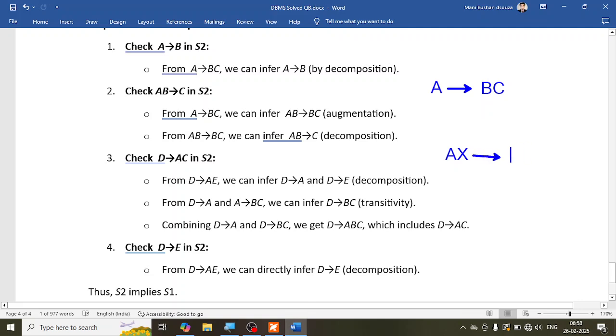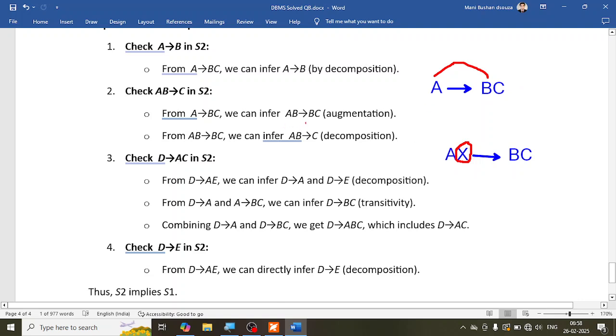Now you may say that how is that possible, sir? Remember, X is not required at all. Whatever X you are saying here, this thing is not really required. Because A alone can derive BC, whether that X is there or not, it's going to derive that.